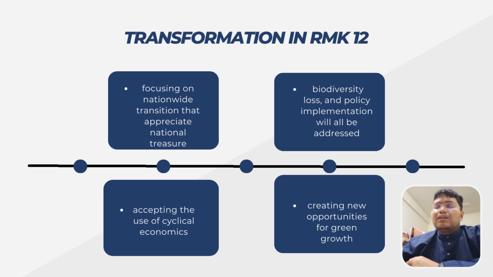Third, the government will accept the use of cyclical economics. And lastly, the government wants to create new opportunities for green growth. So maybe in RMK12, they want to improve on RMK11.